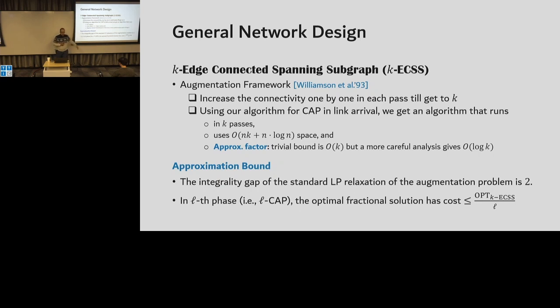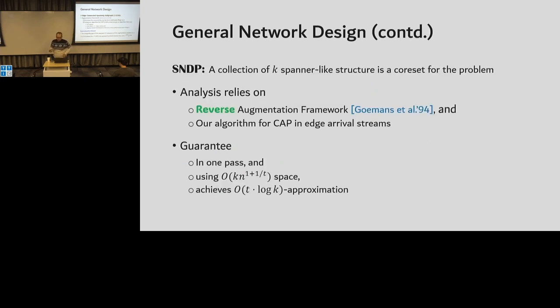These are some technicalities, but this can be done. And for the general SNDP problem, in this work we show that, similar to the spanner idea, we can have a collection of k-spanner-like structures, and that could be enough to solve SNDP.